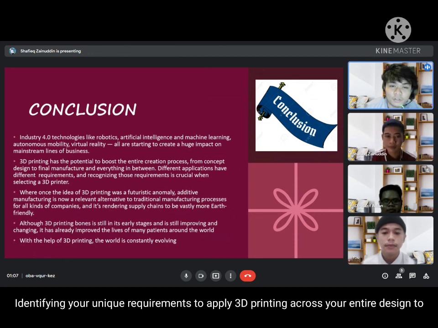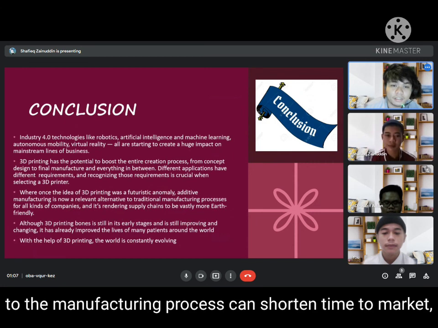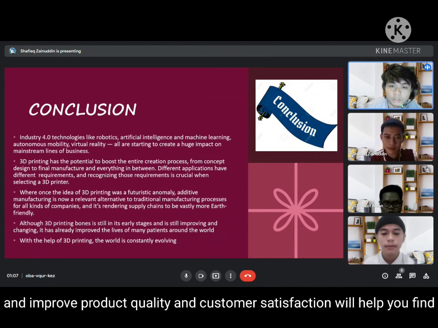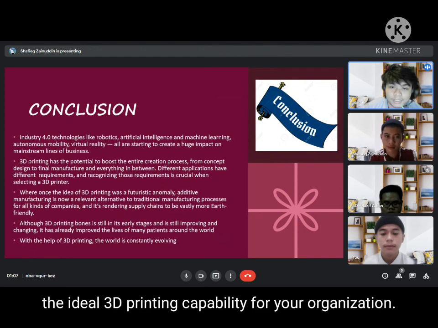Identifying your unique requirements to apply 3D printing across your entire design to manufacturing process can shorten time to market, improve product performance, streamline and reduce manufacturing costs, and improve product quality and customer satisfaction. It will help you find the ideal 3D printing capability for your organization.